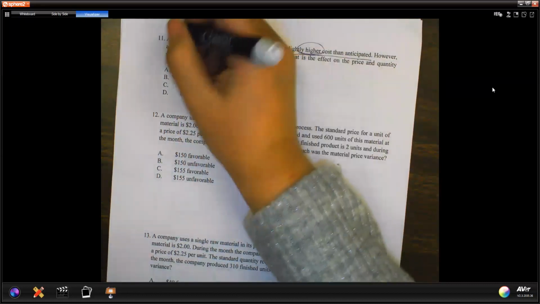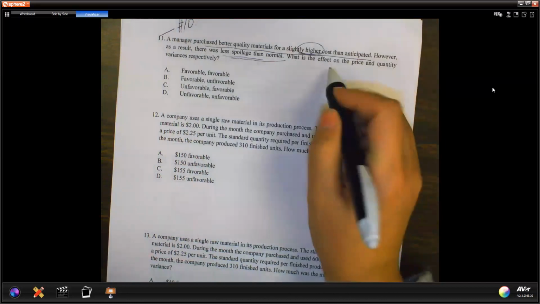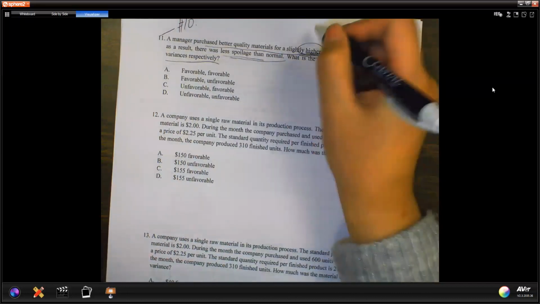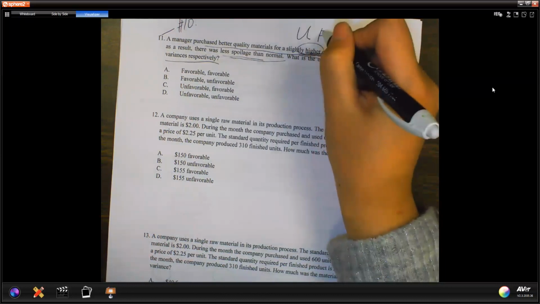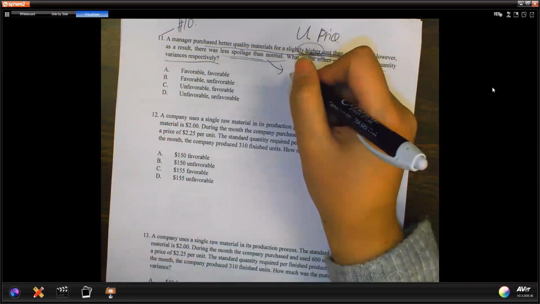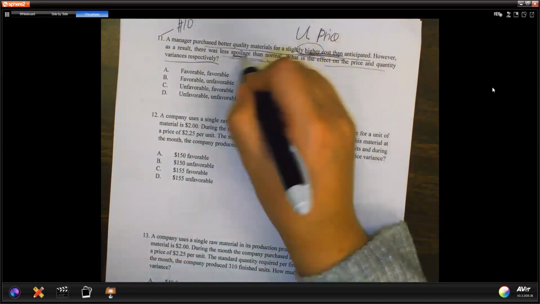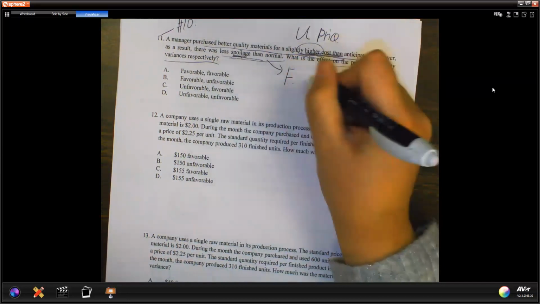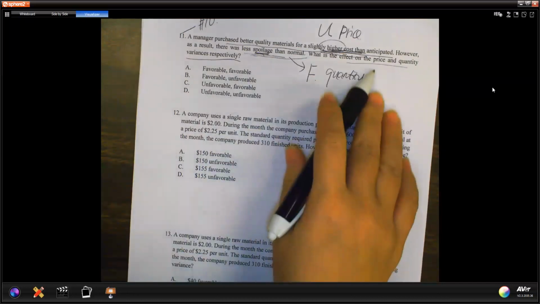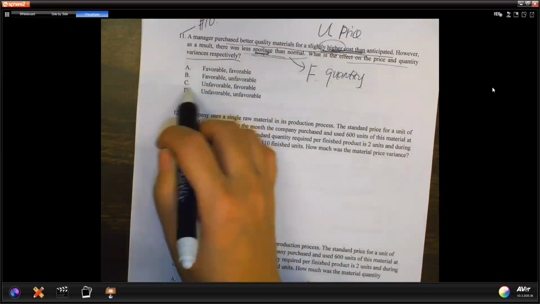So it's similar with our last question, right? The effect on the price. You purchase at a higher price so that you will have an unfavorable price, but you will have a better quantity because you have less spoilage. So you will have a favorable quantity, right? Price will be unfavorable, that will be favorable.